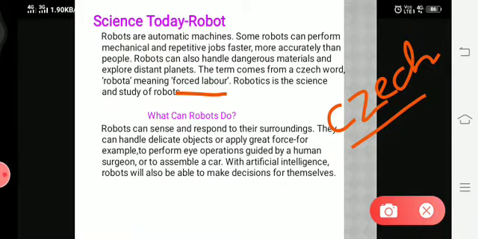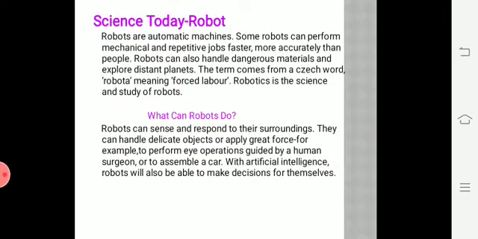Okay, what can robots do? Robots can sense and they can respond to their surroundings. They can handle very difficult objects, very delicate things, and they can apply great force. So how is it related to this chapter, force and motion? A robot can apply more force and more energy, and do various operations, but that has to be guided by humans.